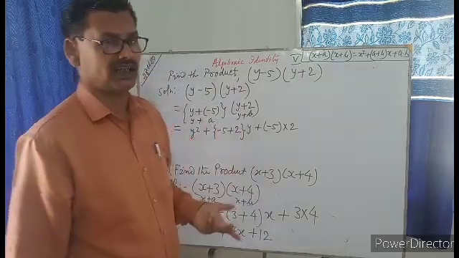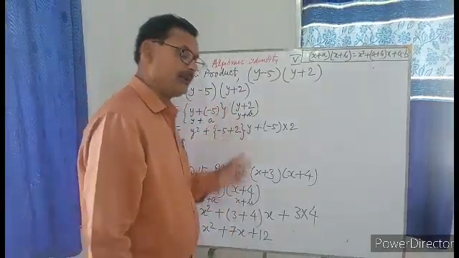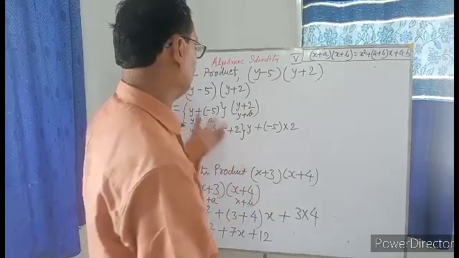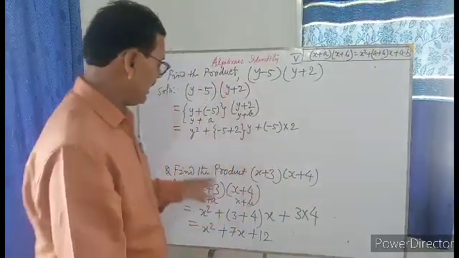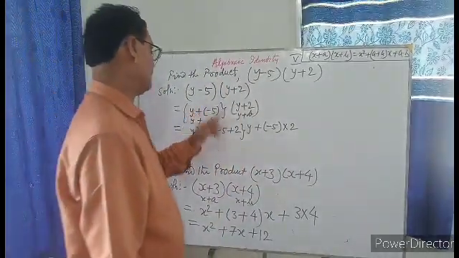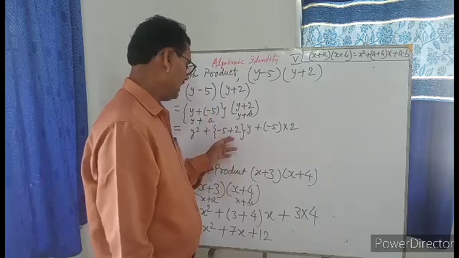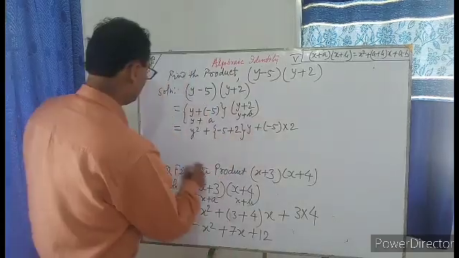We have to identify a and b. We only have to identify a and b. Whether the variable is x, y, or z, we have to identify the constant terms a and b. a is equal to minus 5 and b is equal to 2. Now see here.